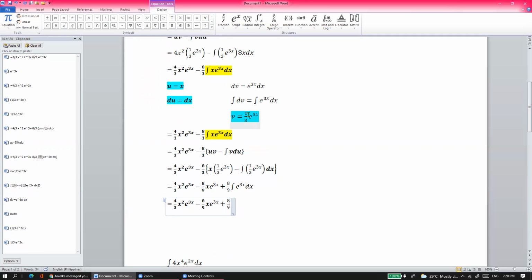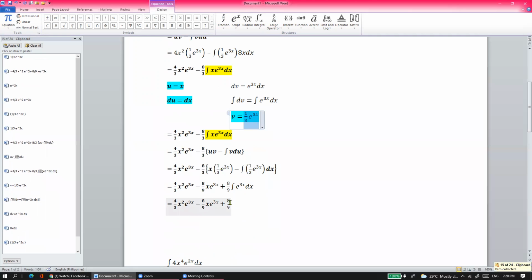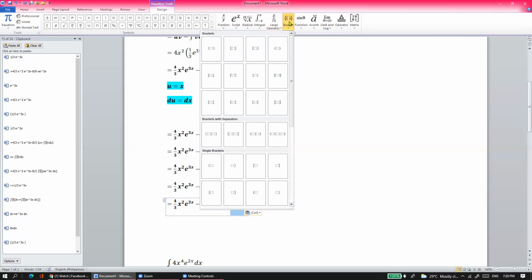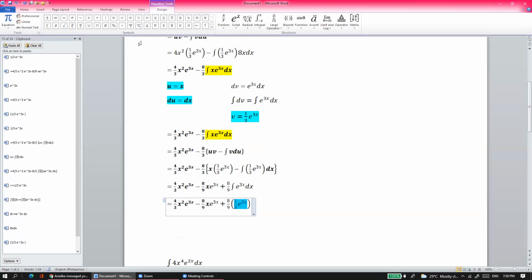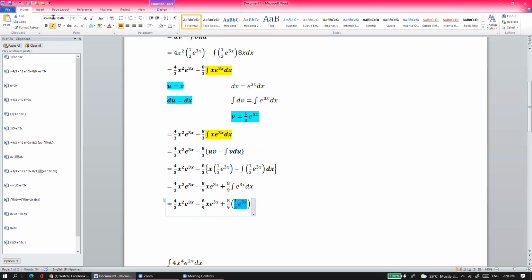Kuha ba? So, ito rin yun. So, times, lalagay ko siya dito. And then, lalagyan ko lang muna ng parenthesis. And then, alisin ko yung color. Yan, klaro ba? Klaro? Yes, sir.